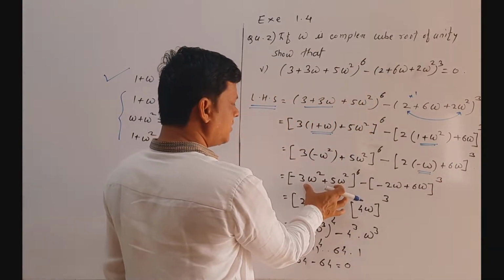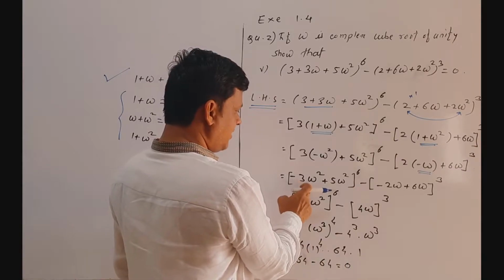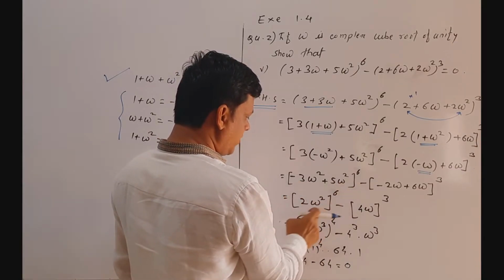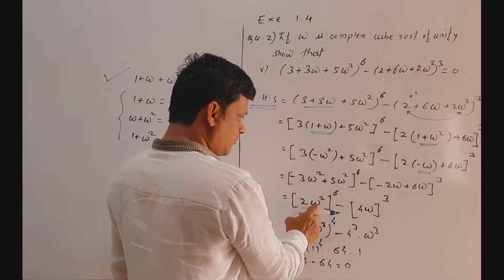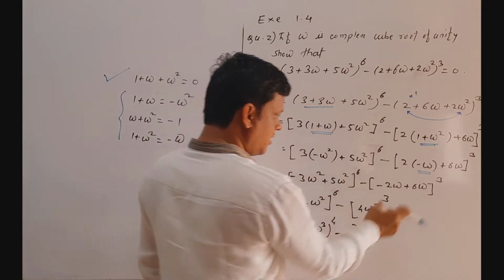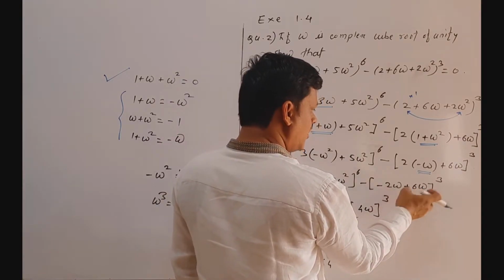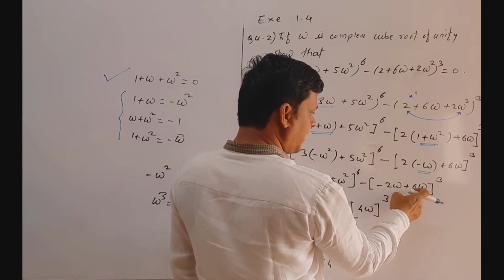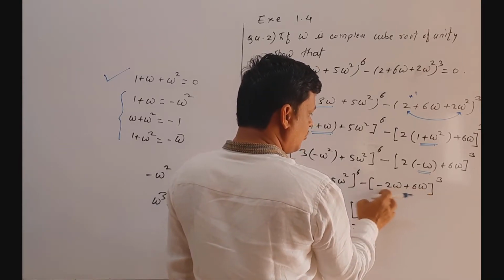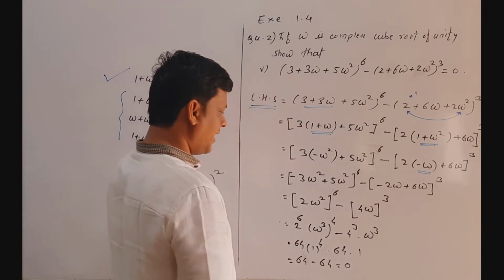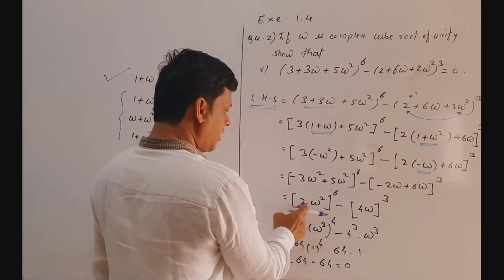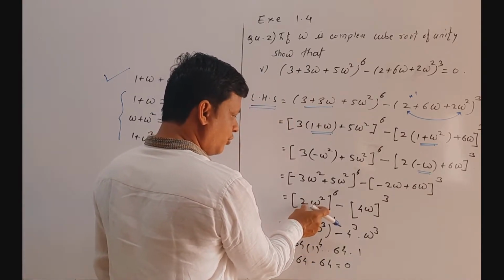We add these terms: −3ω² + 5ω² gives 2ω², raised to the power 6. And 6ω − 2ω gives 4ω. Then we take power 6 of both the terms.